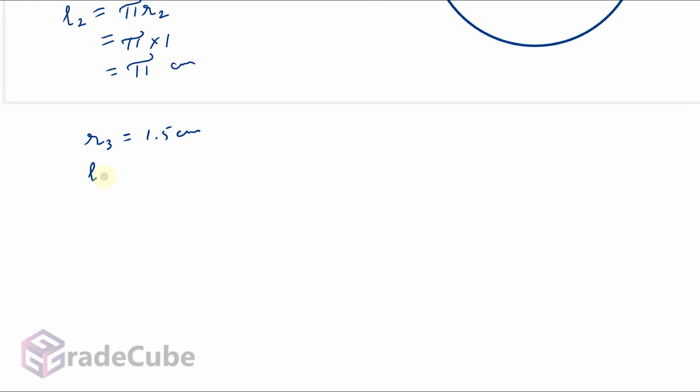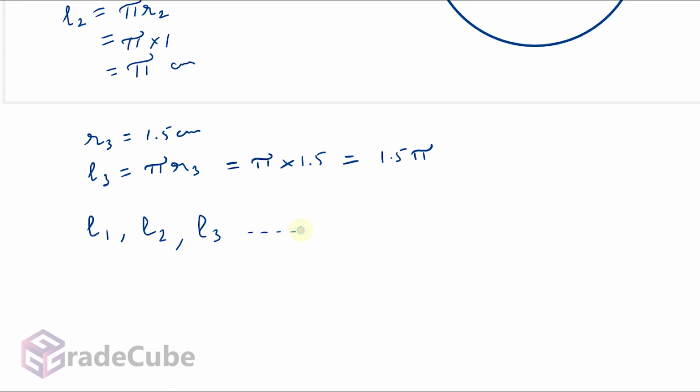So length of third semicircle will be pi multiplied by R3, which is 1.5 pi. So we get a series of this L1, L2, L3 up to L13, right?